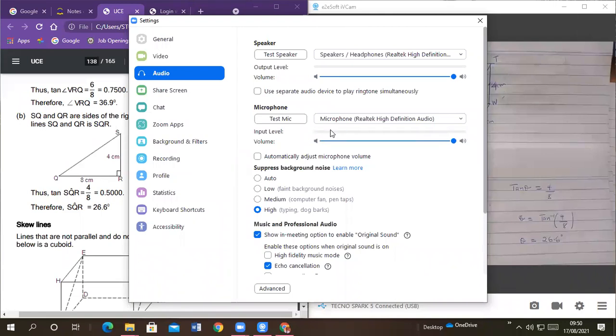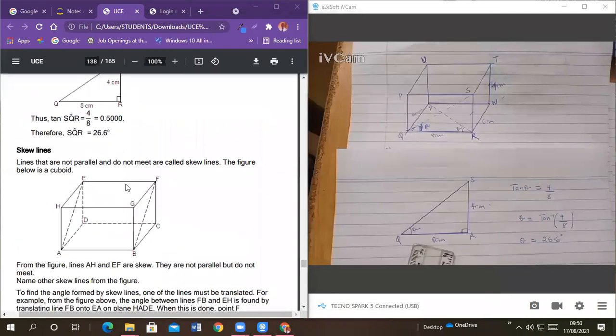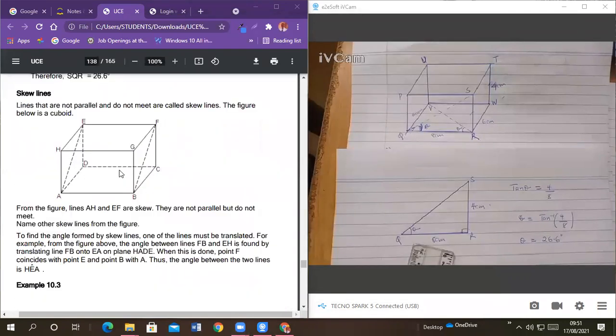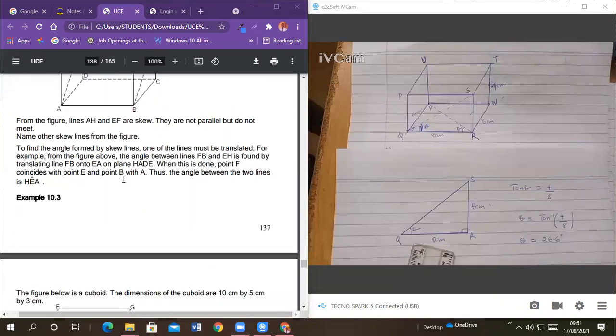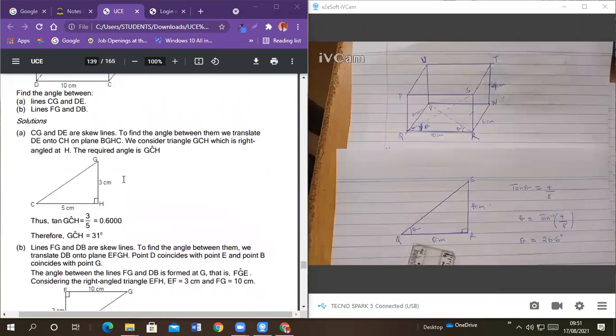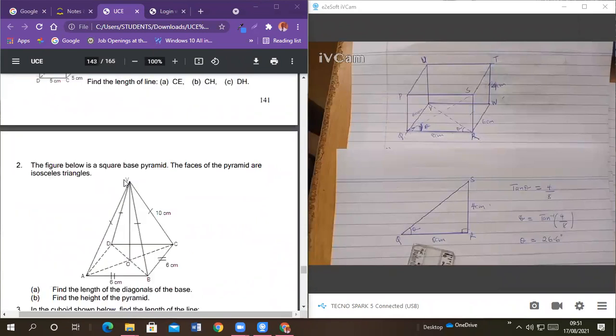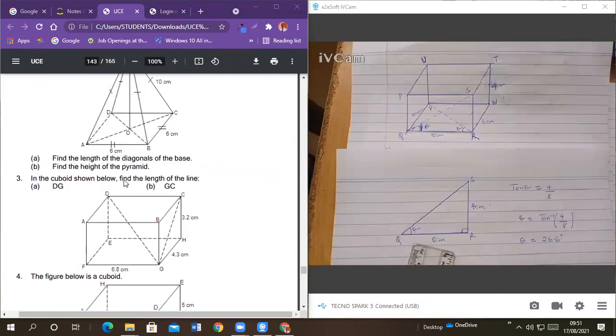So let us look at another example here. So the next thing is we are talking about skew lines. But before we go to skew lines, let us do one more question here from the exercise.